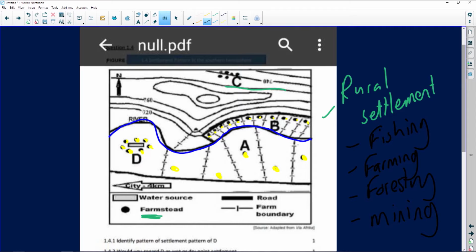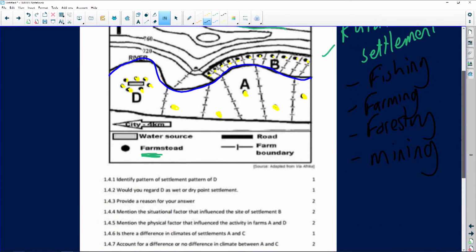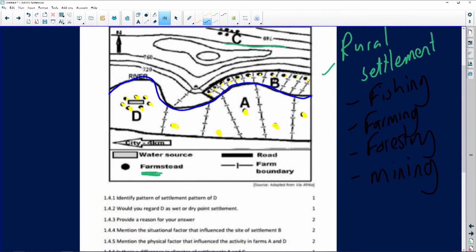Now, pay attention to the letter A. Now, first of all, immediately, if you look at your concepts regarding rural settlements, A is a dispersed settlement. What does dispersed mean? Far from another. Because there's one settlement, there's the next one.